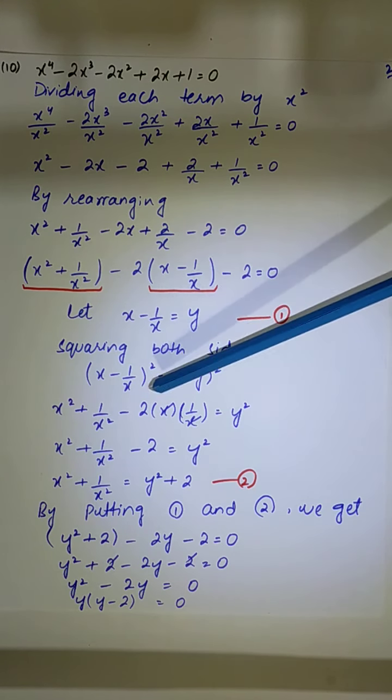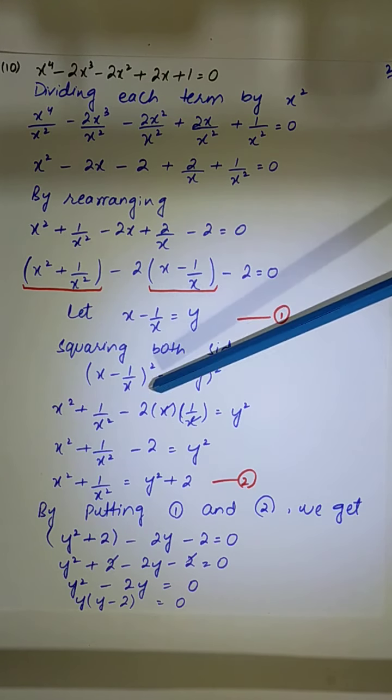Now we will put both of these, the value of y and y square plus 2, in equations 1 and 2. We will put y square plus 2 here in place of this, that is y square plus 2 minus 2 will remain the same, and here we will put y.